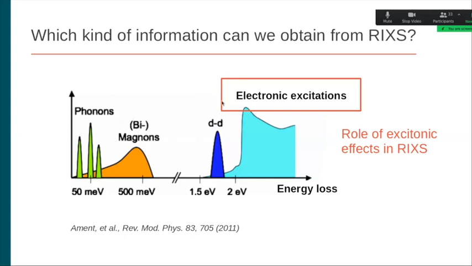But in most cases, RIXS is performed to study electronic excitations, such as dd transitions and other kinds of electronic excitations. And this is what I will focus on in this presentation. In particular, I would like to put some emphasis on the role of the excitonic effects during this process.